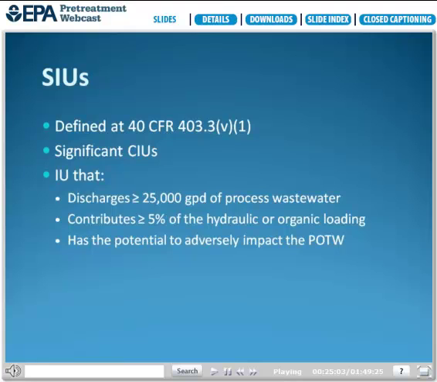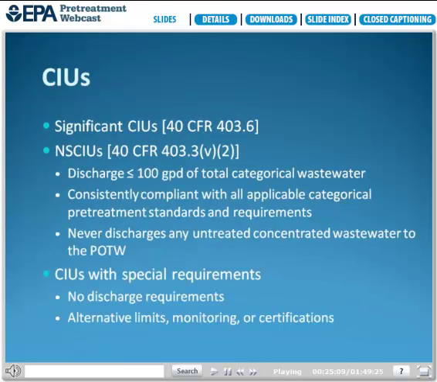Categorical industrial users, as I said before, by default are considered significant. However, some states and some municipalities out there have adopted a provision that allows some of the categorical industrial users to be considered non-significant. You need to check with your state or your municipality to see if this option is available. You can see on this slide what the qualifiers are.